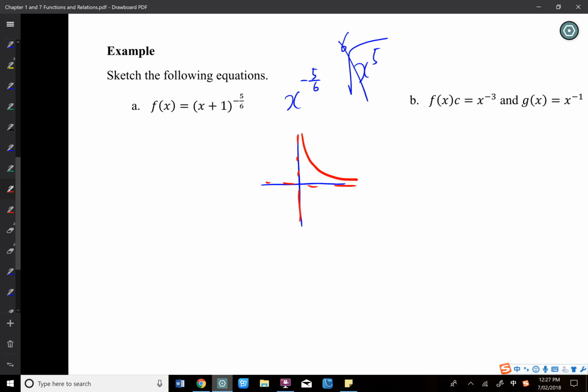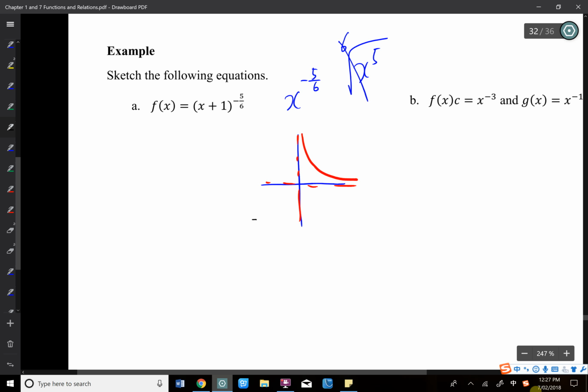So you move this to the left by 1 unit. The y asymptote is not going to change unless you move up or down. So y equals 0, label that.